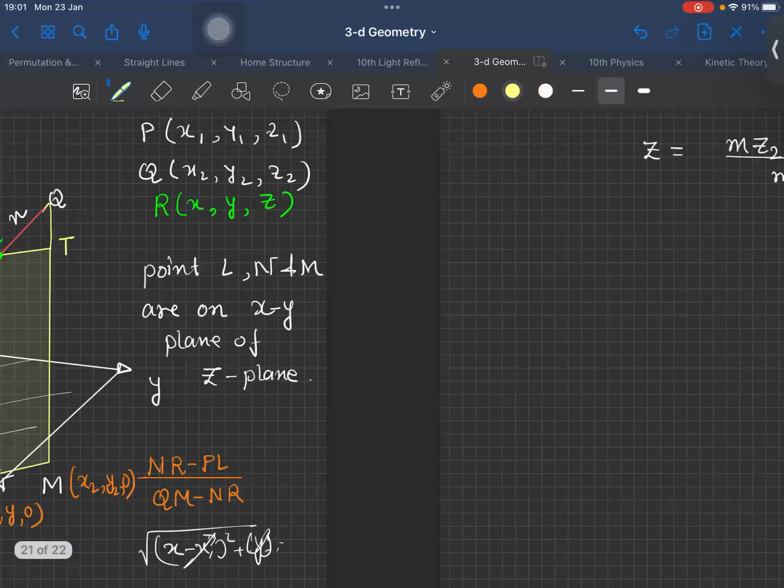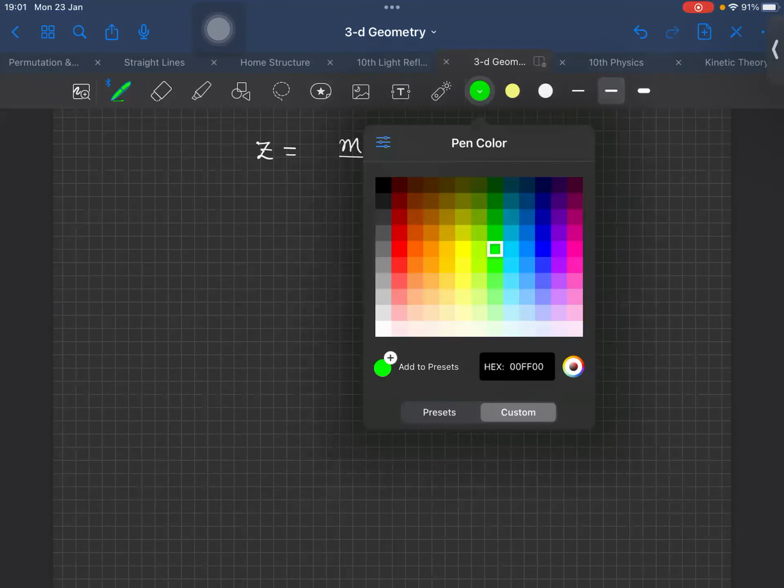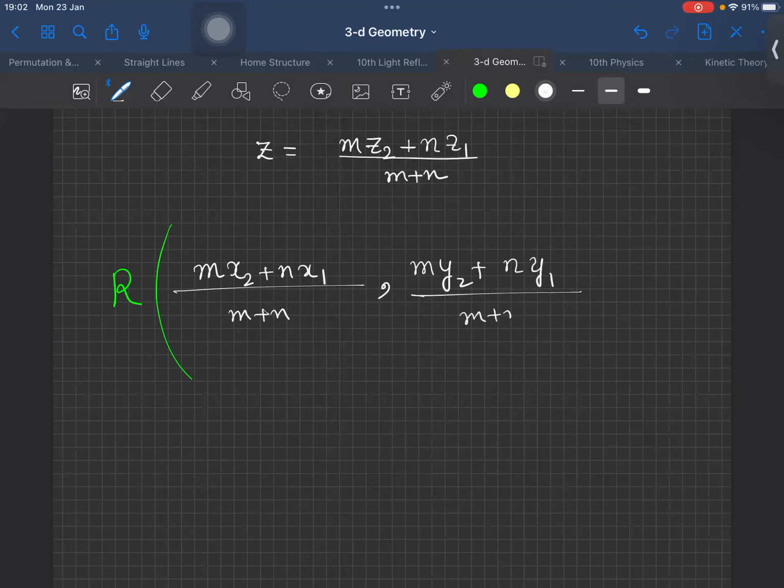So the coordinate of point R will be: the X coordinate is M x2 plus N x1 divided by M plus N. Y will be M y2 plus N y1 divided by M plus N. And Z will be M times Z2 plus N times Z1 divided by M plus N. So this is called internal division, the section formula when the lines are divided internally.